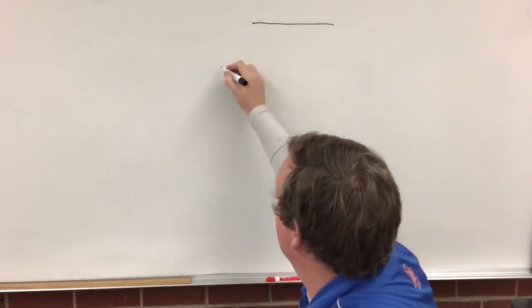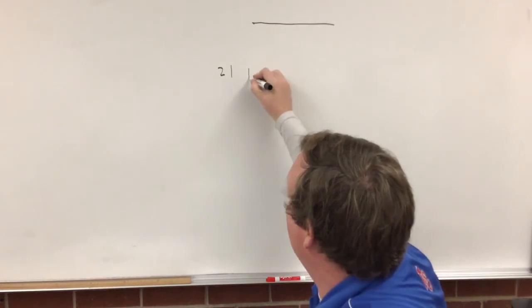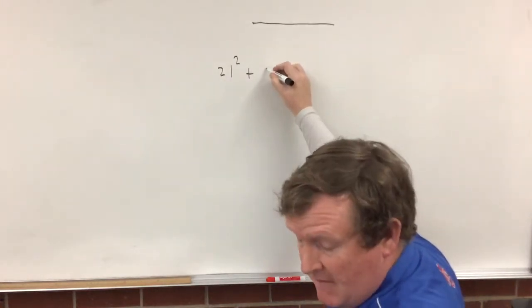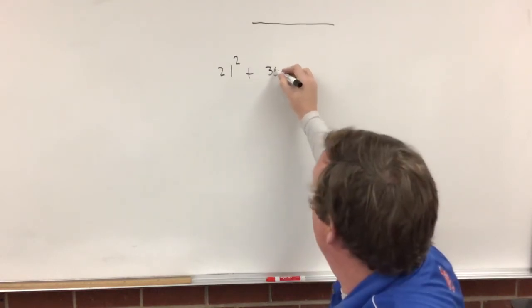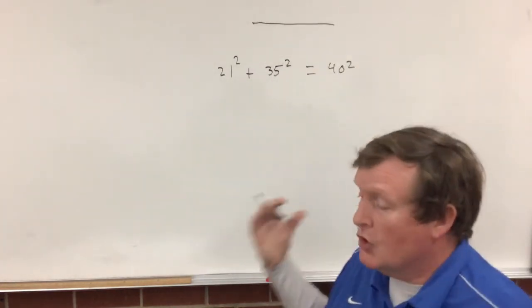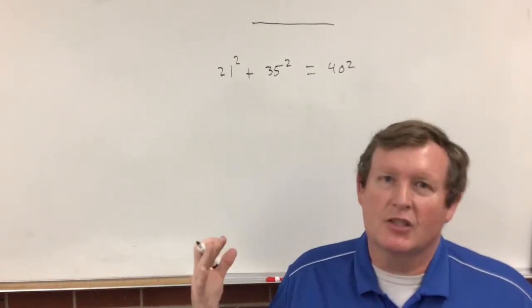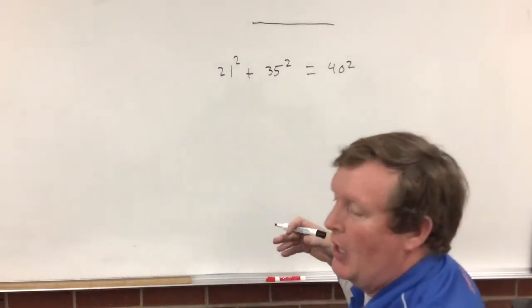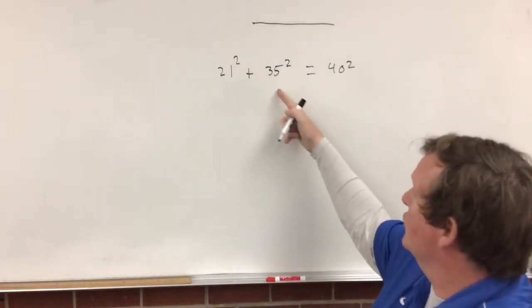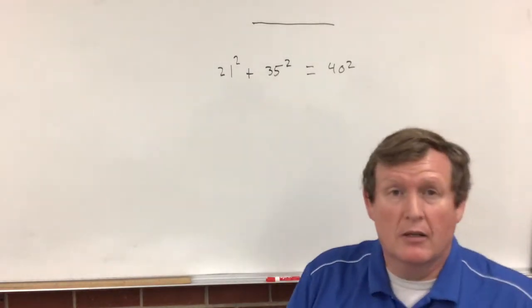You need to take your A plus your B, which is 35, equals your C, okay? So if this number is really a right triangle, then this squared plus this squared equals this squared, okay?